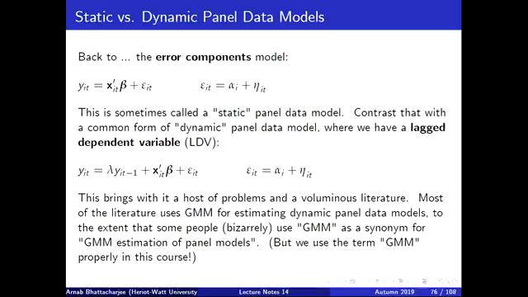Suppose we could write it in this form, then we can incorporate any factor that is not time varying, any unobserved heterogeneity that is not time varying, into this alpha_i. And then we can deal with it in a better way.